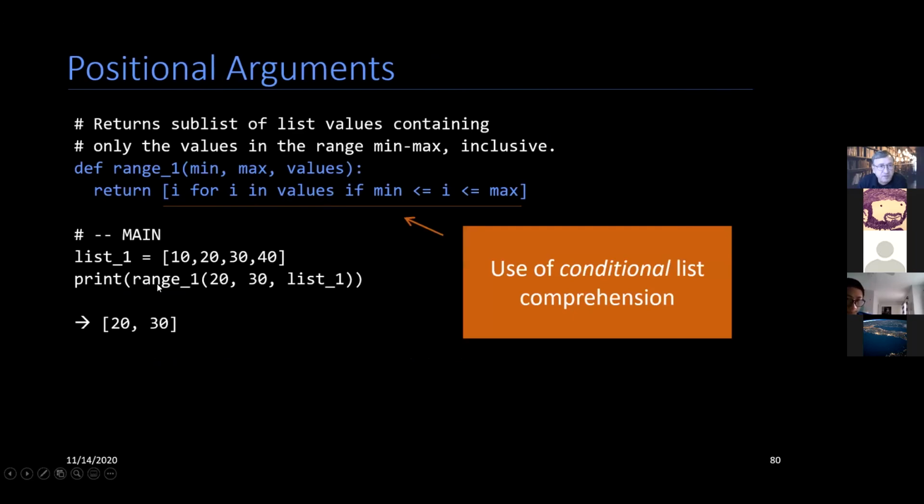So we're familiar with positional arguments. I created a list in the main, and I'm calling this function range1, and it wants 3 parameters.